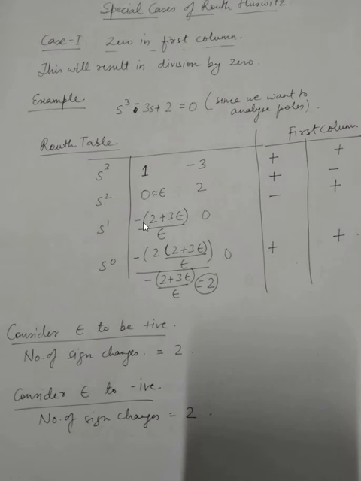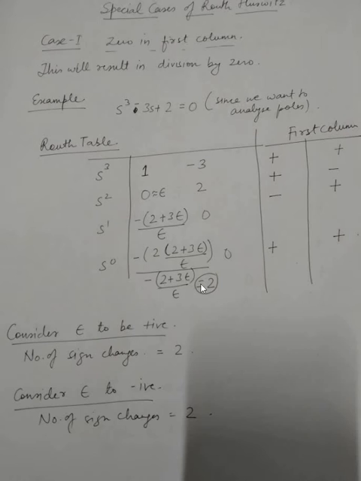So minus of 2 times this number will actually be plus, then division by this. This will be equal to 2 only, because the 2 plus 3 epsilon by epsilon will get cancelled. Minus minus will get cancelled and you will only get 2 here.